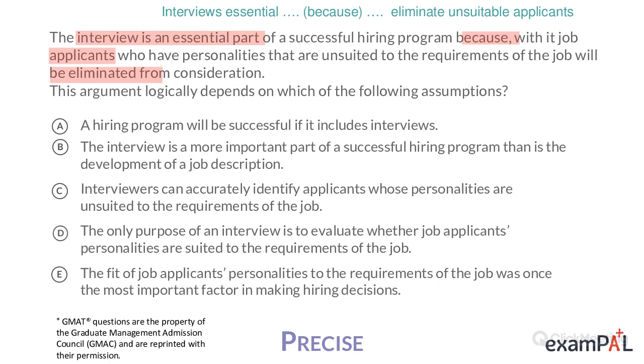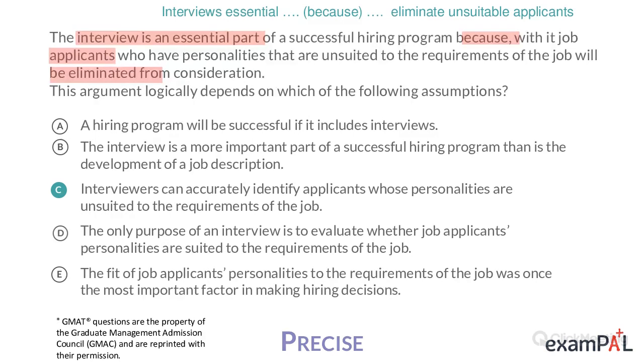Then looking at this, we can ask ourselves, what is an assumption that underlies this argument? The natural assumption is that interviews can actually do the work, which is to say that they are capable of eliminating unsuitable applicants. Once we have that idea in our mind, we would go over the answer choices and see which of them fit. And as people in chat have written, answer choice C exactly answers this expectation.